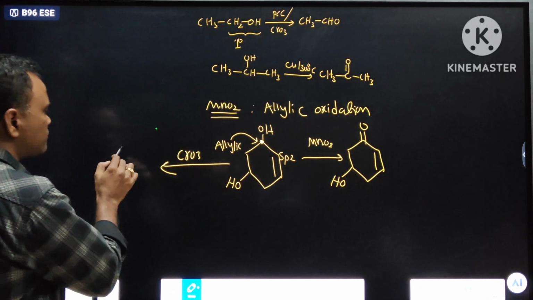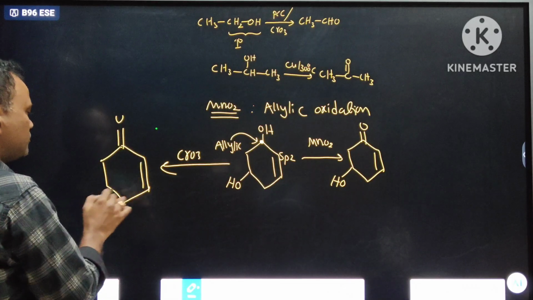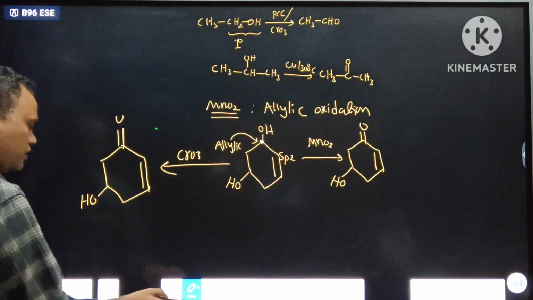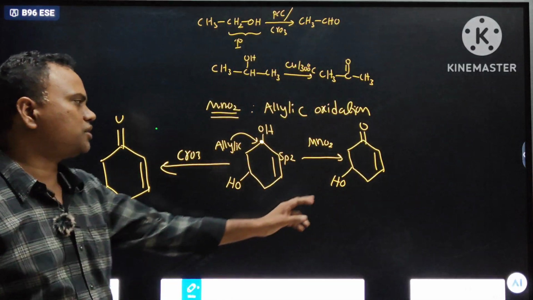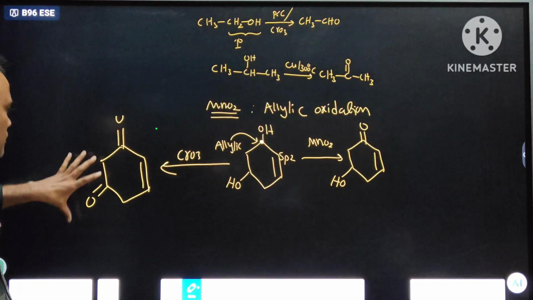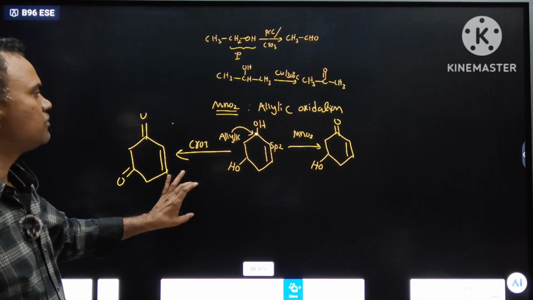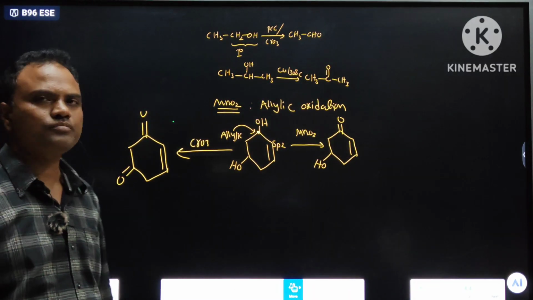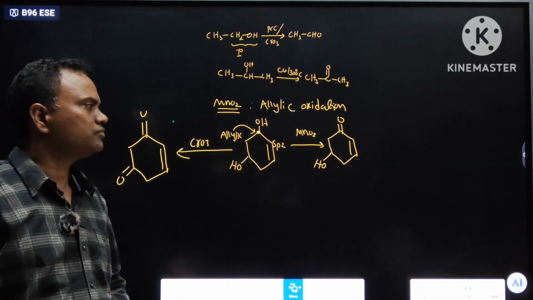Both will be oxidized. So that is the importance of MnO2. MnO2 particularly oxidizes only allylic OH. With CrO3, all.